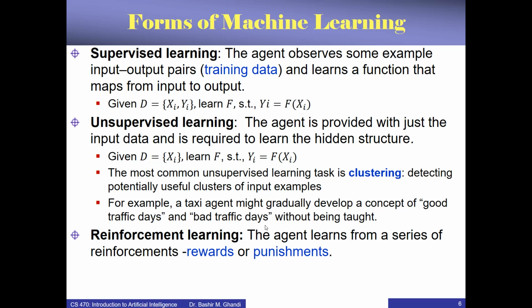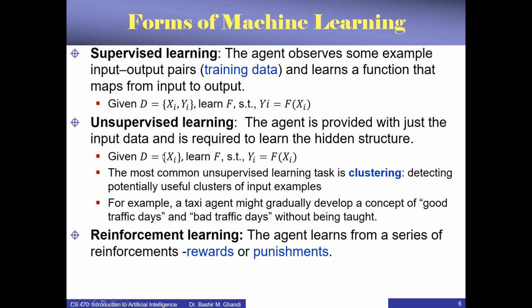Now, the third type of learning is called reinforcement learning. So this is somewhat in between the two forms of learning that we have already discussed. In reinforcement learning, the agent is not going to be trained. So again, there is no training involved.